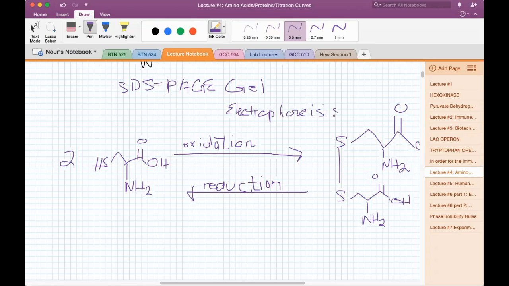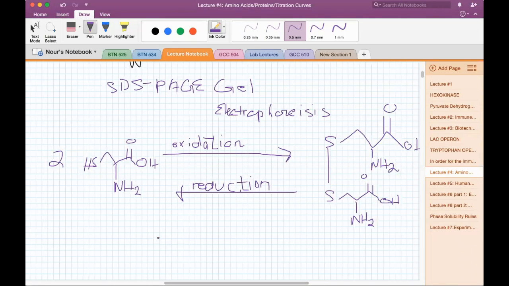Excuse me for my bad handwriting. And then this is disulfide bond formation and destruction.